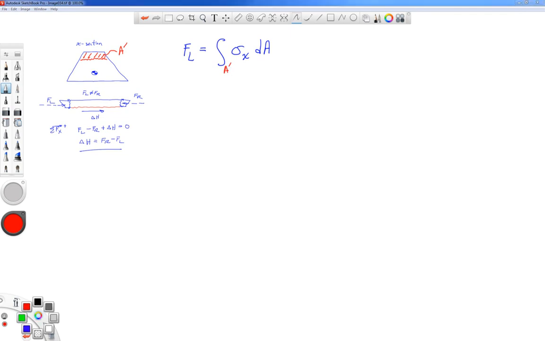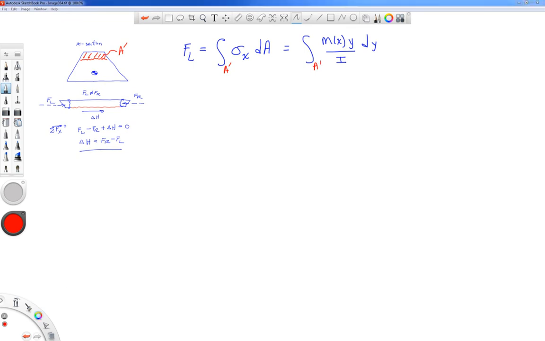Now we know a little bit about the stress distribution on the left side. Sigma x is equal to M of x on the left side times y over I. It points in that direction, so I'm not including the negative sign in this case. It's over that area A prime.